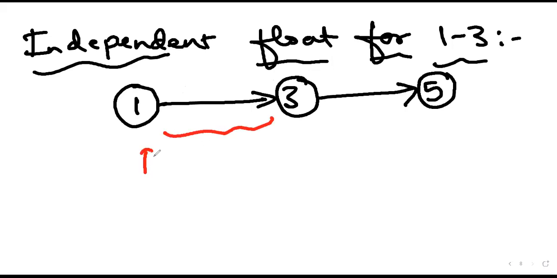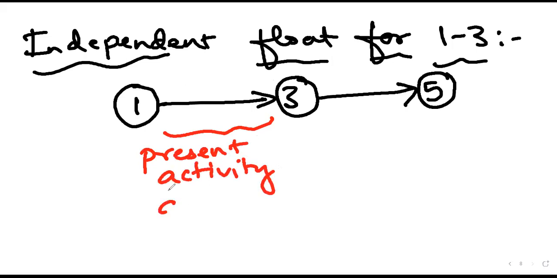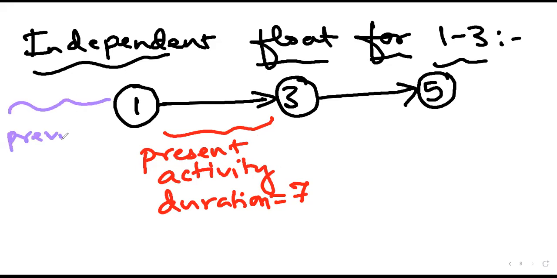For 1-3, what is the present activity duration? 7. Okay. And the previous activity, there is no previous activity.